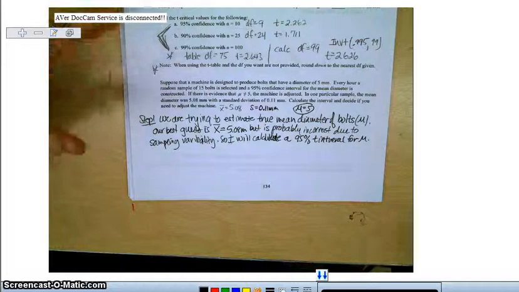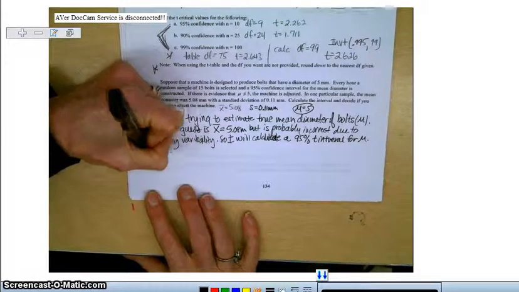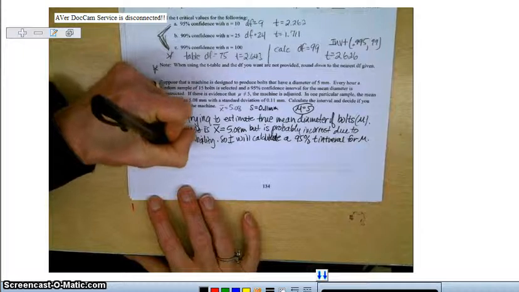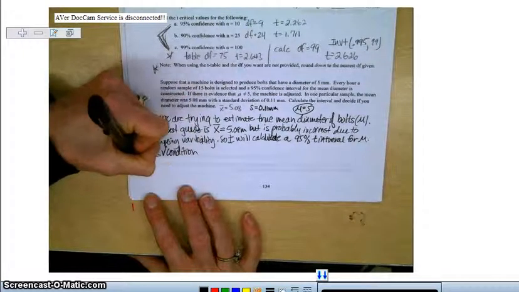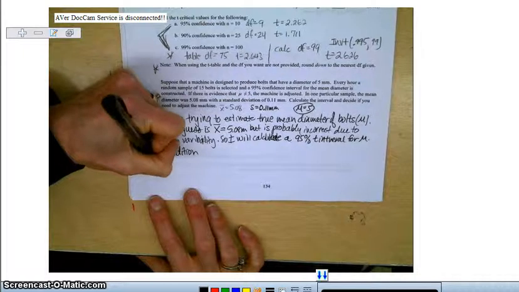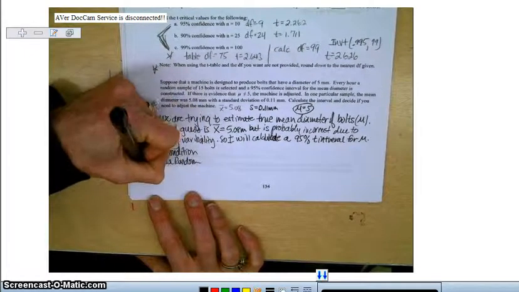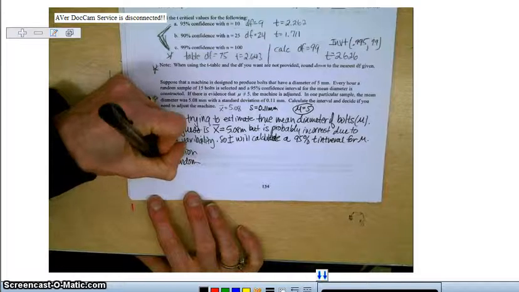All right, so step 2, what do we have to do in step 2? Check the conditions. So the first condition, does it say it's a random sample of bolts? Yeah. Stated as a random sample of bolts.